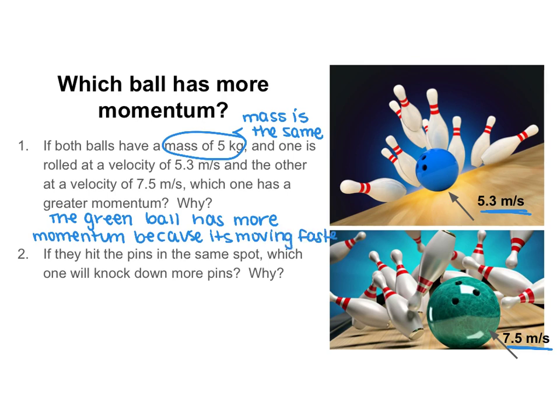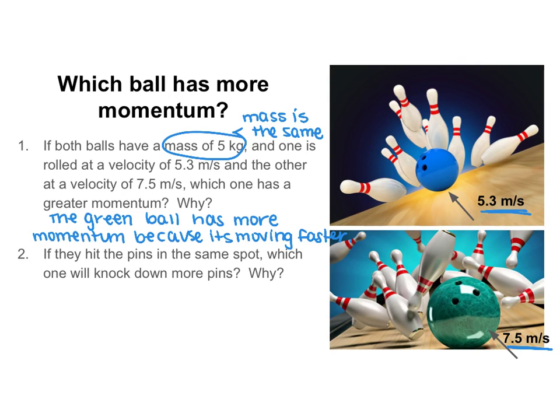Okay, so now we're going to apply this. What does that mean? Why do we care about momentum when we're bowling? If they hit the pins in the same spot, which one will knock down more pins and why? So we just said the green ball has more momentum. And remember, momentum talks about how hard it is to stop it. So when the blue ball hits, the pins are going to slow it down.